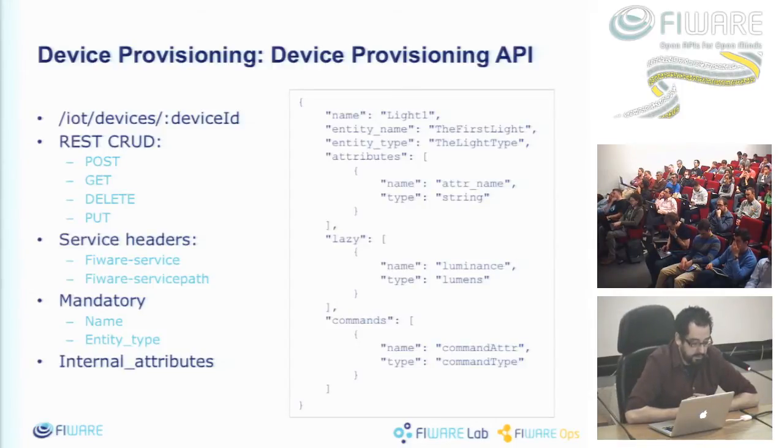The delete operation doesn't have any body, and in the modification operation you have to indicate the mandatory attributes, and all the attributes you put in the payload of a modification request will be changed in the internal representation of the device.